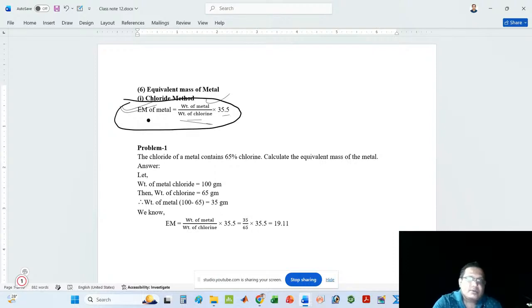Let us take an example to explain the chloride method clearly. In problem number 1, the chloride of a metal contains 65% chlorine. Calculate the equivalent mass of the metal. As per the question, a metal chloride is given, and the metal chloride has 65% chlorine.